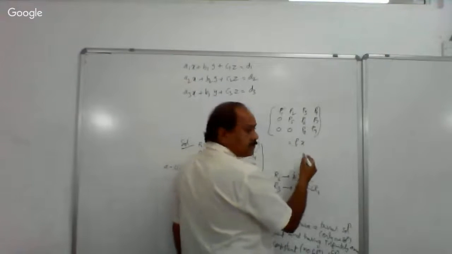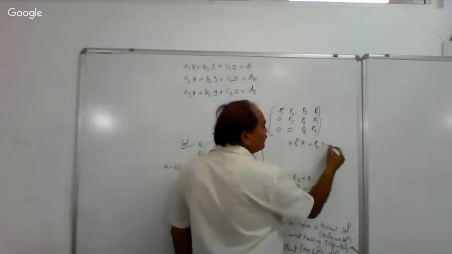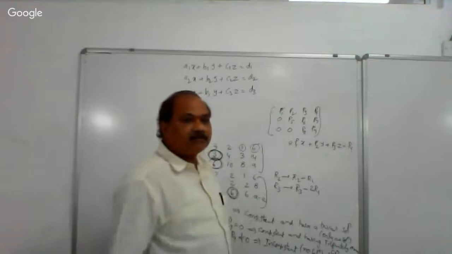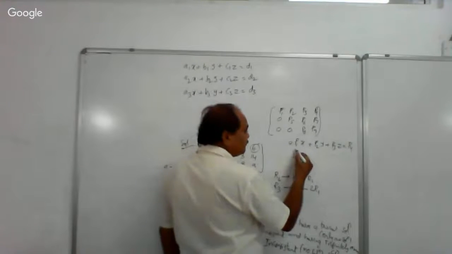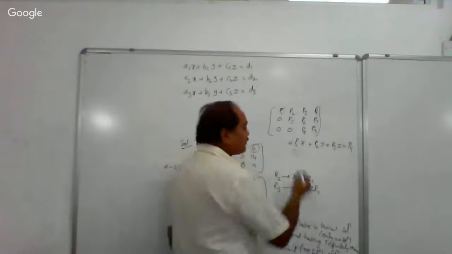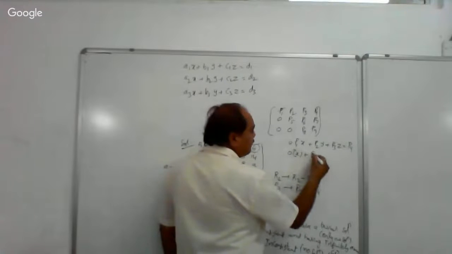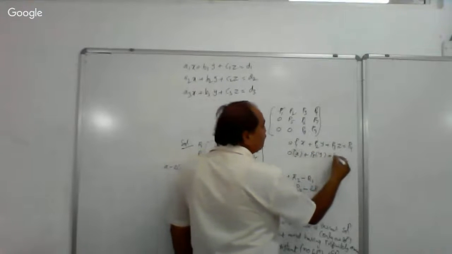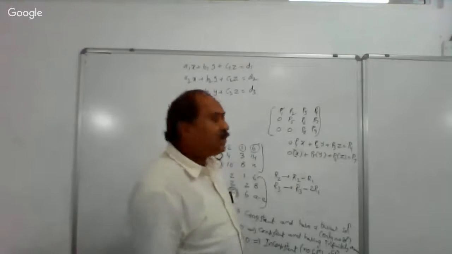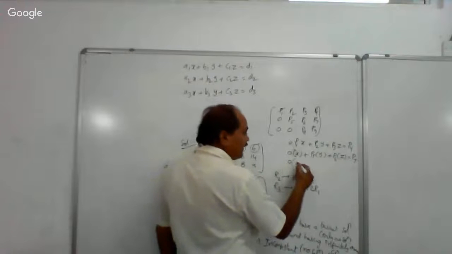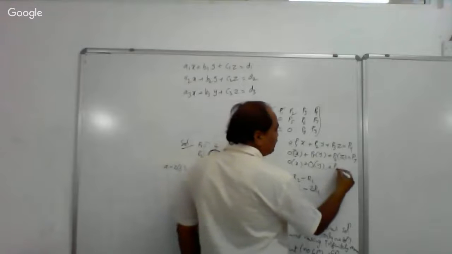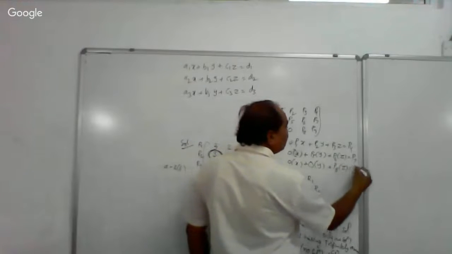P1x plus P2y plus P3z equal to P4. Second equation, 0 into x plus P5 into y plus P6 into z equal to P7. Okay? 0 into x plus 0 into y plus P8 into z equal to P9.